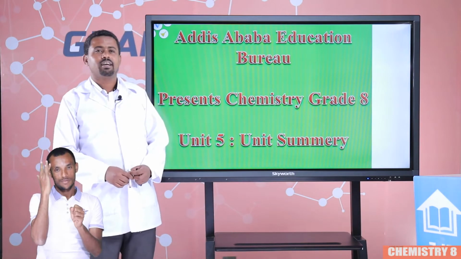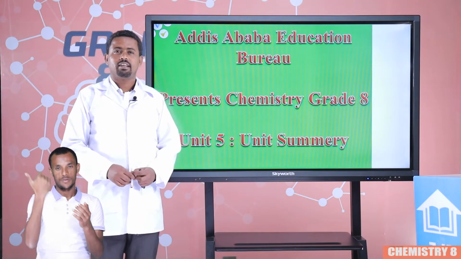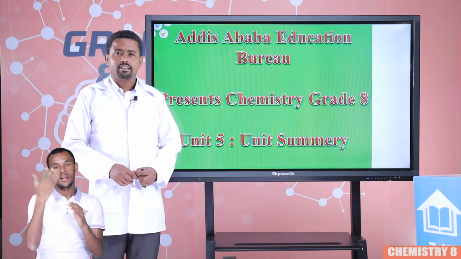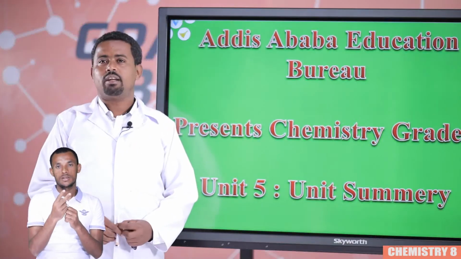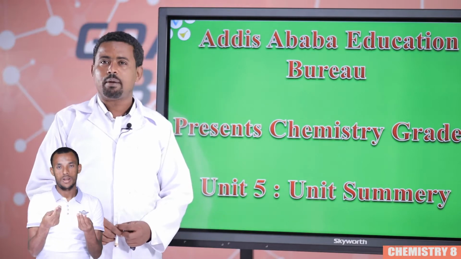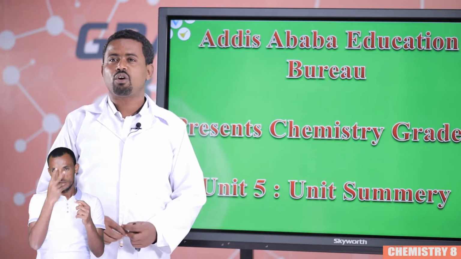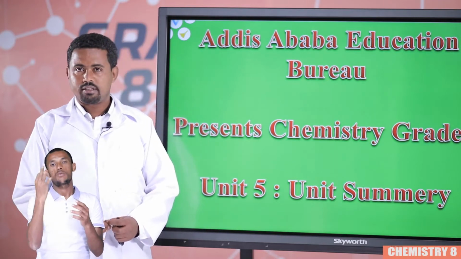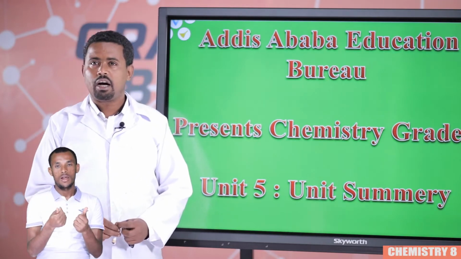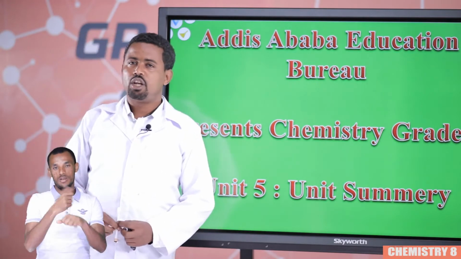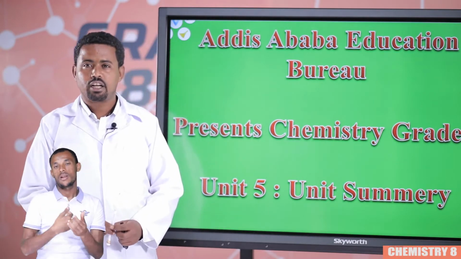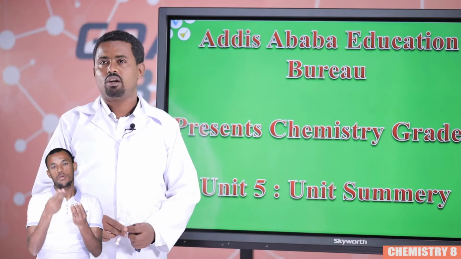Okay, well, in our previous lesson summary, we tried to see soil. As you remember, we tried to see the three components of the soil. These three components of the soil are the solid component, the liquid component, and the gaseous component of the soil.